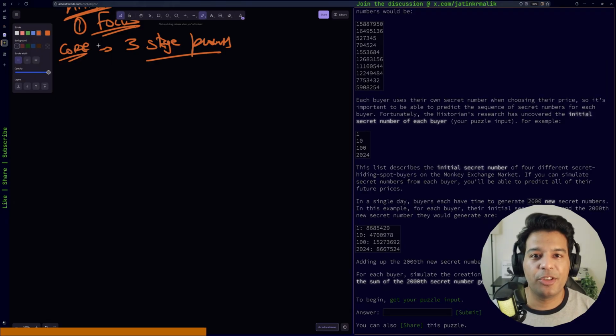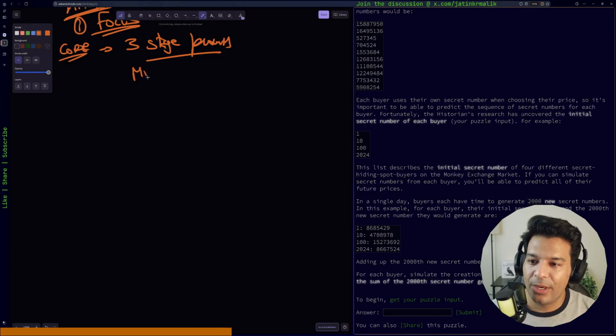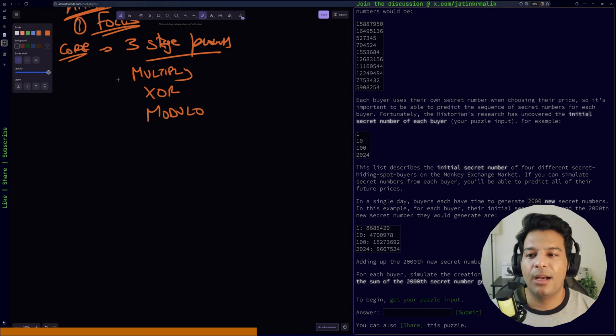You need to have a function that can take a number and do this 3-stage process and then produce the next number. And in this one, if you notice, we are doing multiply, XOR, and modulo 3 times in different stages where this changes, and this changes.